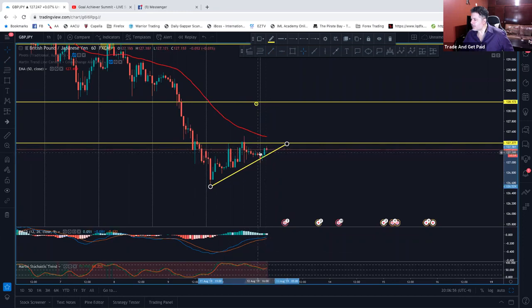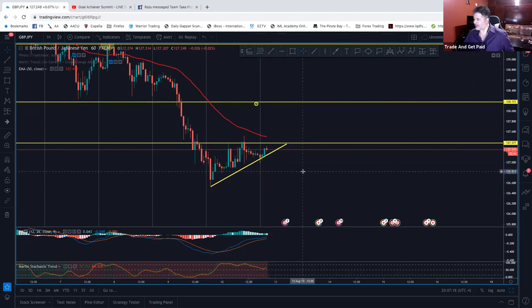But no matter what, when it gets to this corner right here, it's going to do something. It's going to react violently one way or another. It's going to go boom, or it's going to go this way. With the 50 there, I wouldn't take a buy unless it got on top of it. When it gets on top of it, then I'm riding it all the way up to this line. All right, I think that's pretty much all I have here.